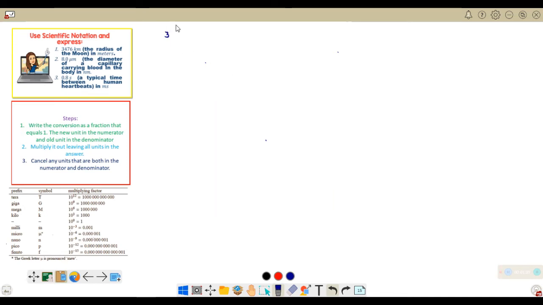We have 3,476 kilometers. We are asked to convert it to meters.